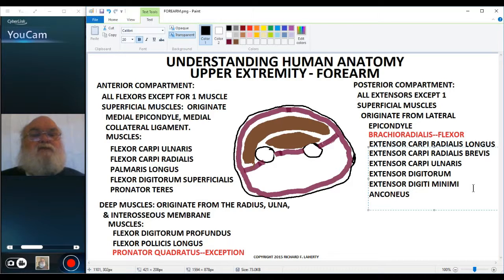The extensor digitorum and digiti minimi are extensors of the digits, and the extensor carpi all extend the wrist. We have two on the lateral side, the radialis longus and brevis, and one inserts on the medial side, the ulnaris.